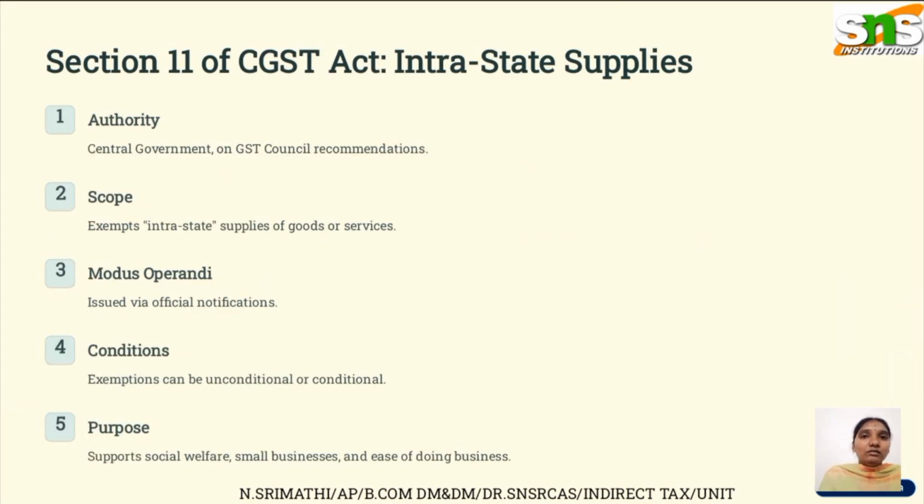Here the ITC is mainly contributed from CGST, Section 11 of the Act, which specifically mentions intrastate supplies. The main authority is the central government on GST Council recommendations, and the scope is exempt intrastate supplies of goods and services.